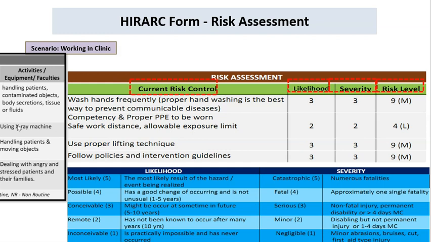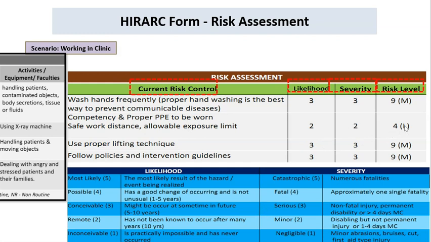And for the second activity, using the X-ray machine, the current risk control is competent or proper PPE, so they are wearing the shield, and safe working distance, allowable exposure limit. The likelihood is 2 because they already implement this procedure, and severity is 2.